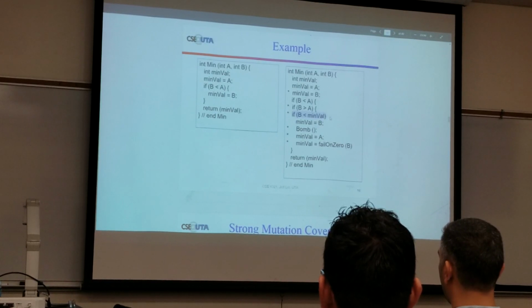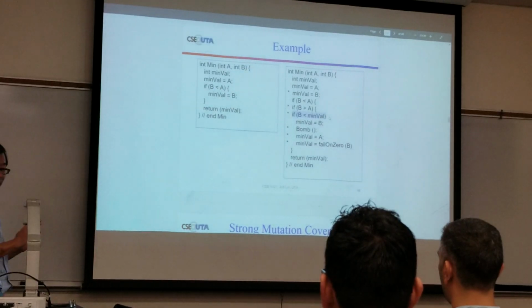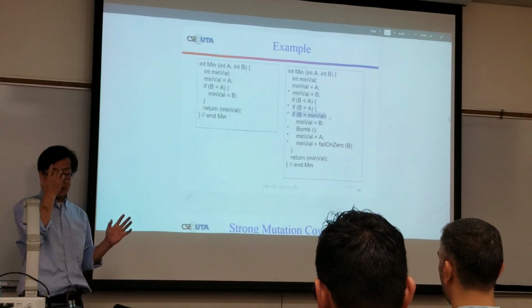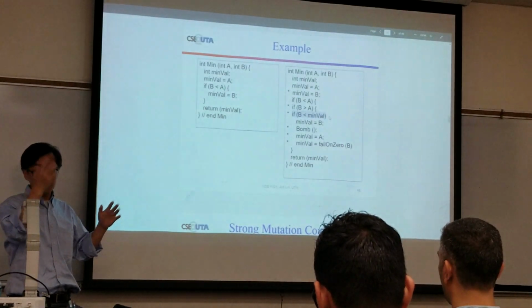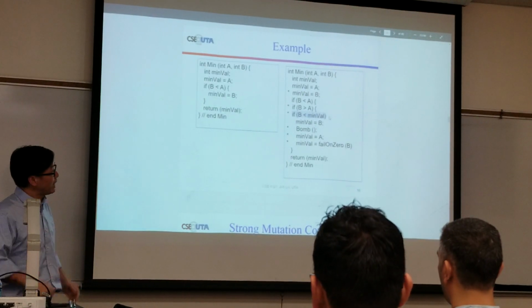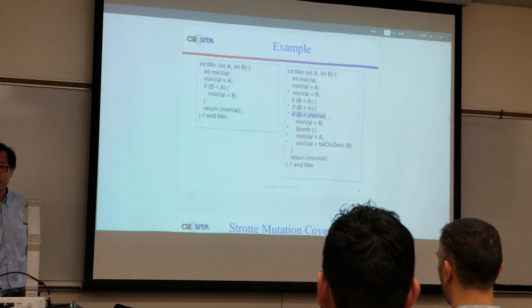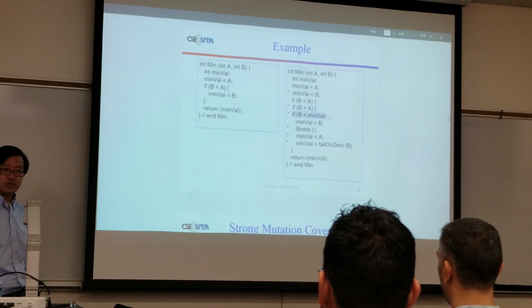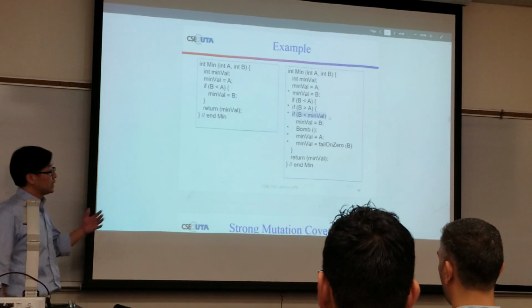It's not killable. Well, that's a different story. Whether it is killable or not, that's a different story. But that's a mutant. That's how you create a mutant: you make a change to the program. A possible mutant is not necessarily killable. We are going to discuss that. You have some equivalent mutants that you can never kill.